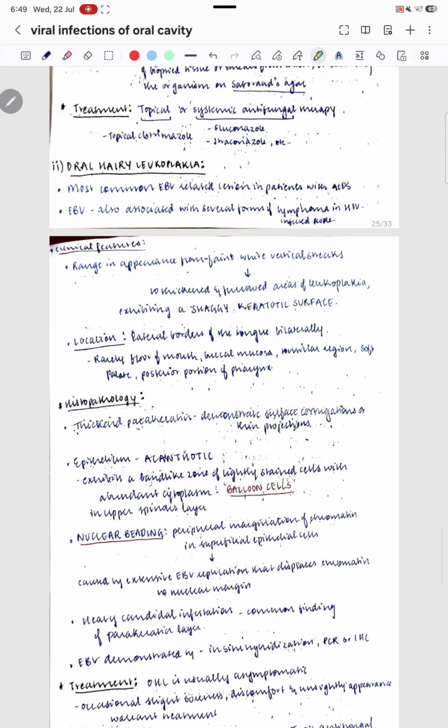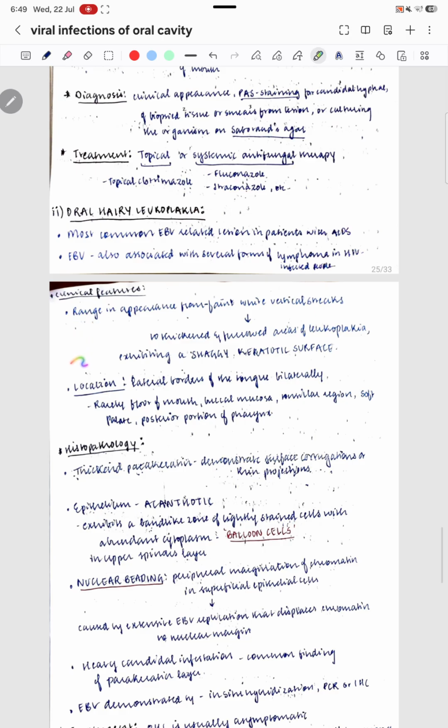In oral hairy leukoplakia, what is the first thing that you are going to write? It is caused by EBV. Basically it is associated with patients with EBV-related HIV. Second, you are going to write that it is also associated with severe forms of lymphomas.